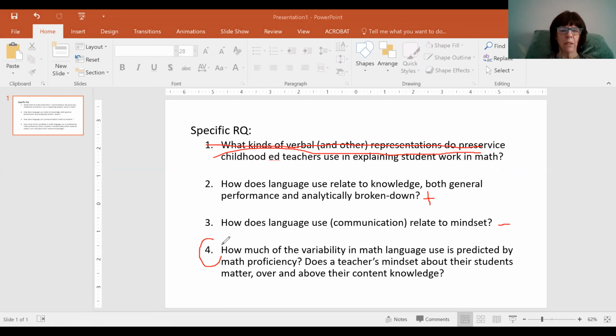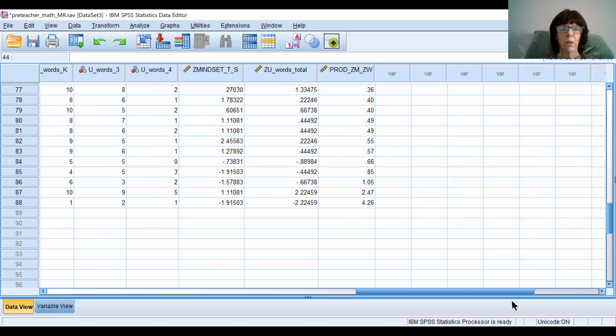Now we want to get to this one, which is where multiple regression comes in. And so we're going to do this entirely in SPSS. I will bring myself and you back to the data.